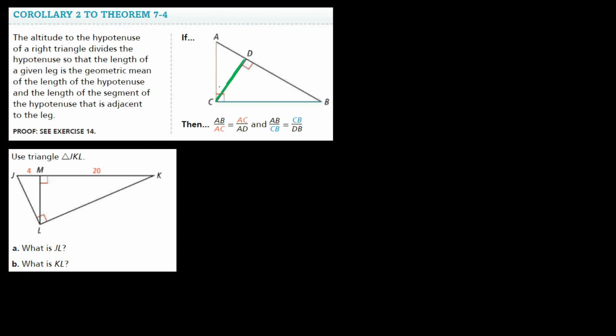This altitude divides the hypotenuse so that the length of a leg, let's examine AC first. So leg 1 is going to be AC. This leg is the geometric mean of the whole hypotenuse. The whole hypotenuse in this triangle is AB.